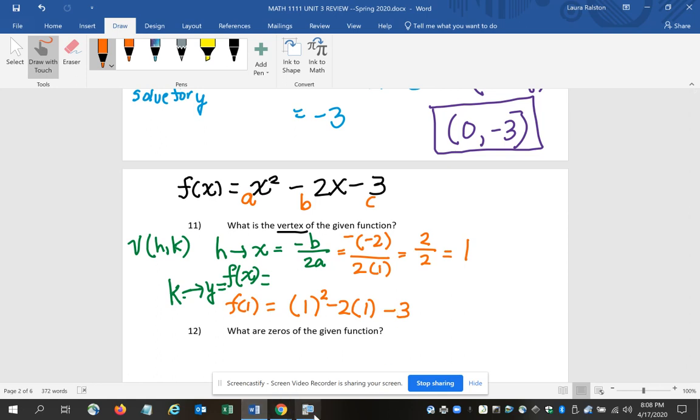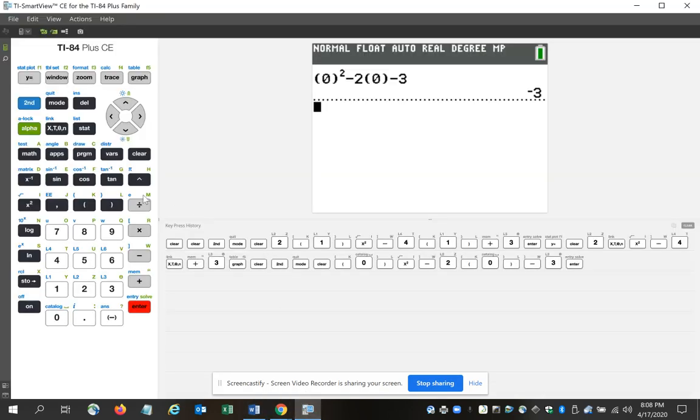And again, I don't want to make a calculation error, so I'm going to take the time to put it in the calculator. I would do parentheses 1, close parentheses, square, minus 2, parentheses 1, close parentheses, minus 3.